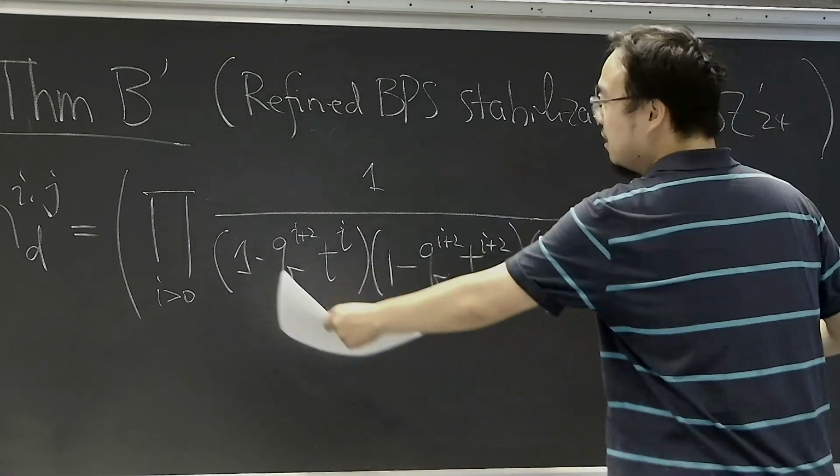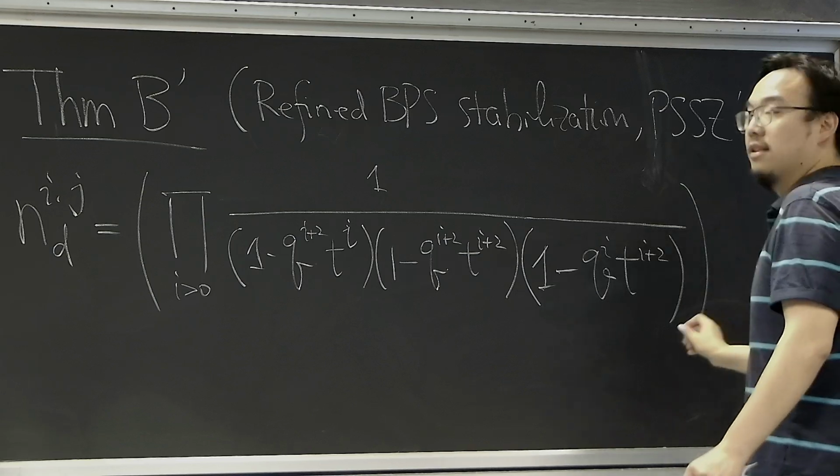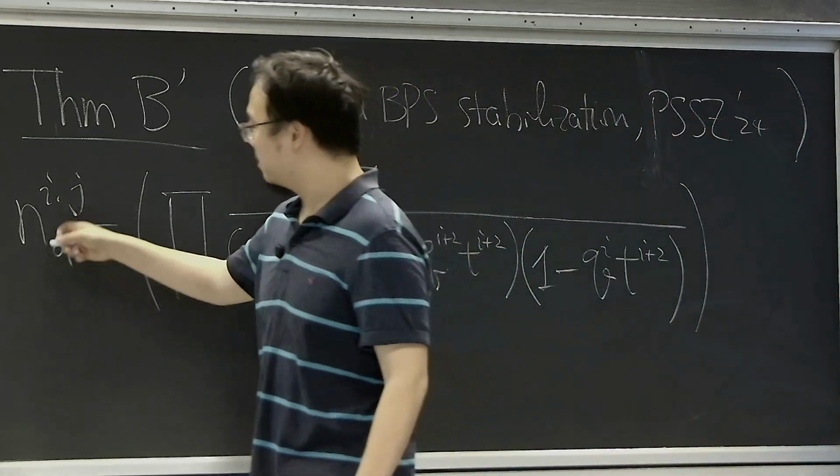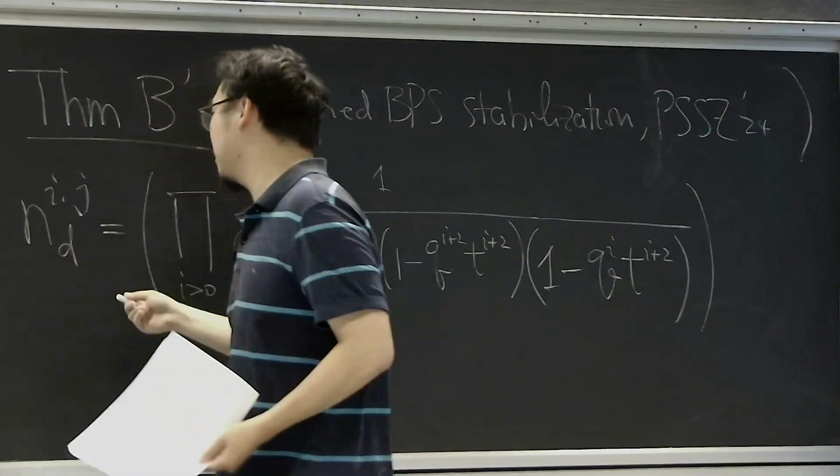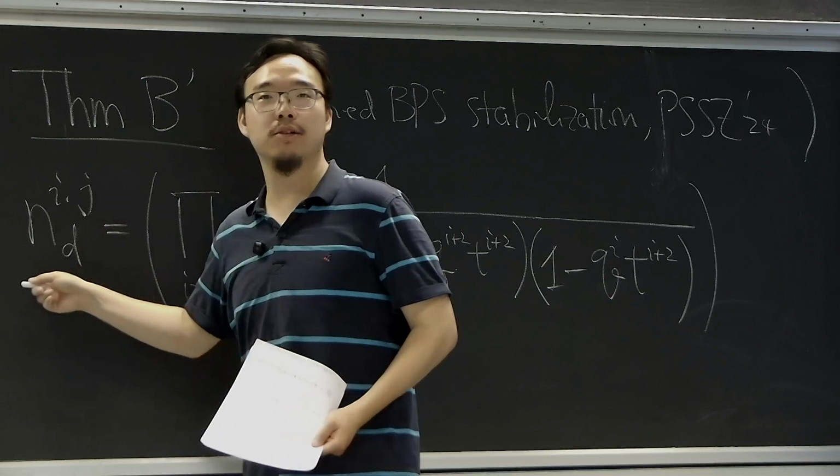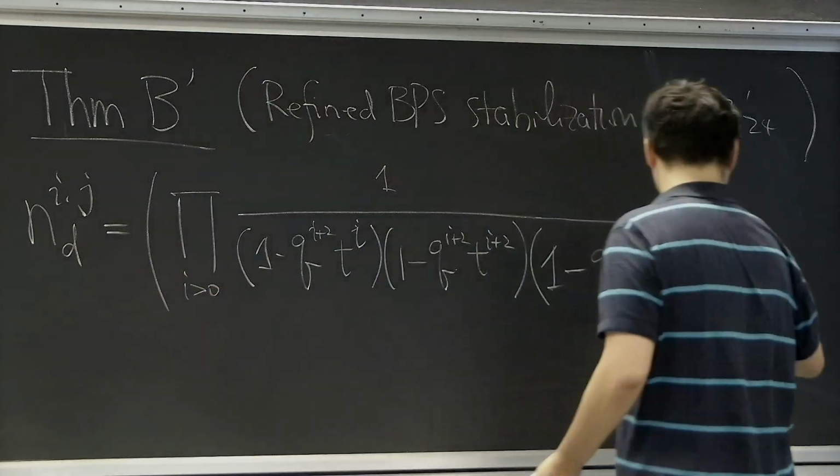You expand this infinite series in the variables q and t, and depending on which invariant you want to consider, N_{ij}, you just pick the coefficient of q^i t^j.